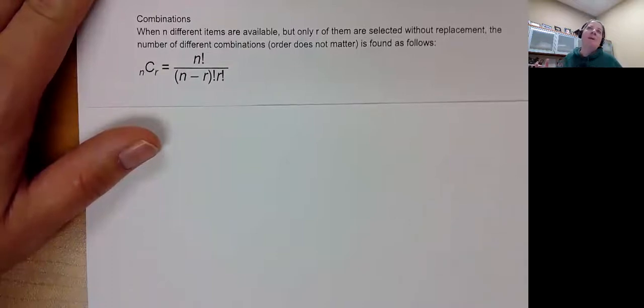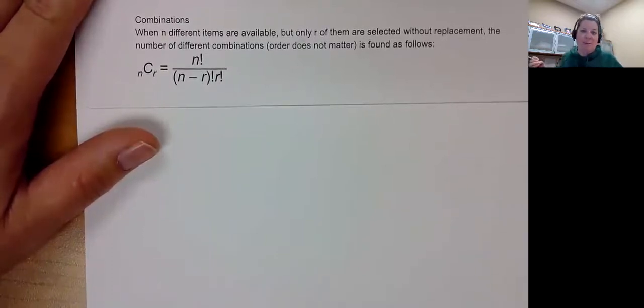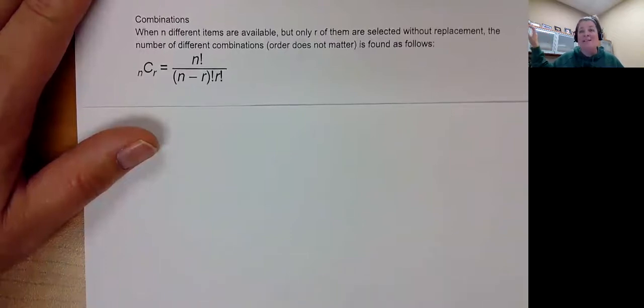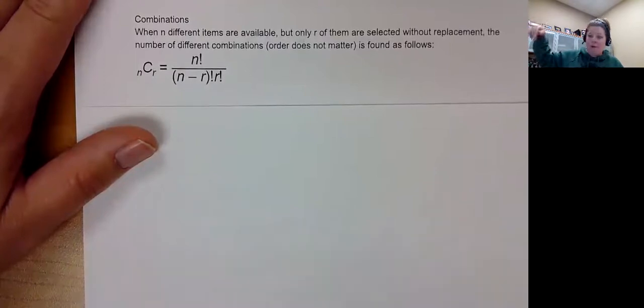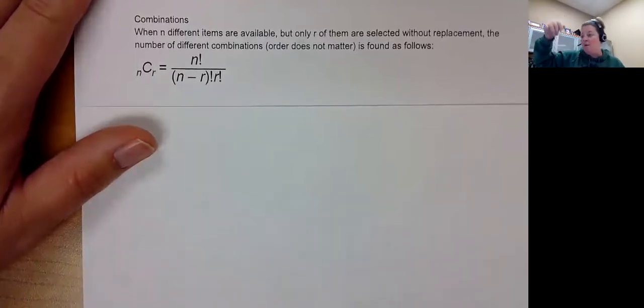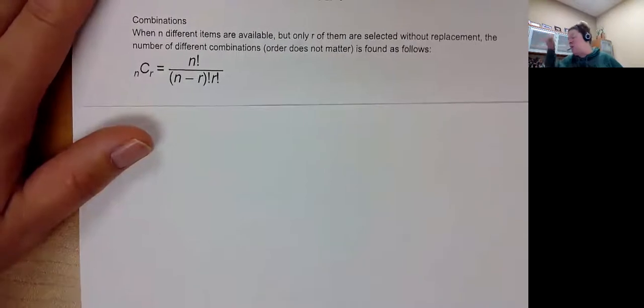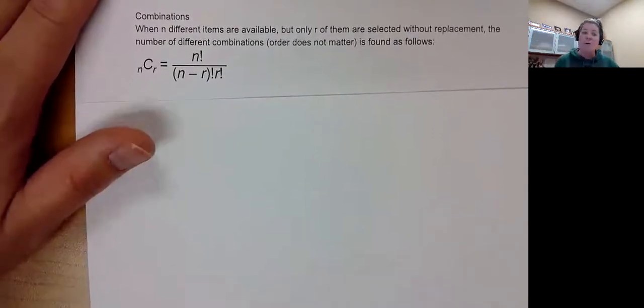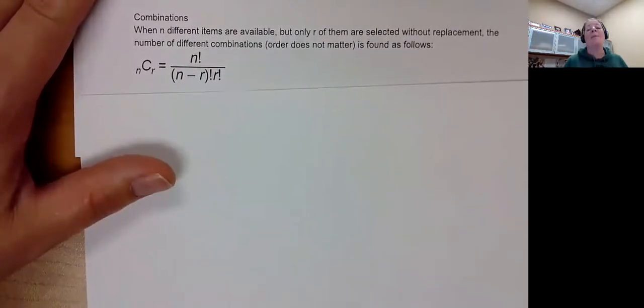So if I just want to pick the top 6 place people, I don't care what order they came in. It's easier to pick, and it's a lot fewer combinations than if Joe was first and then Mary and then Bob, and then you could have had Mary, Bob, Joe, you could have switched those all up. So with order mattering, there are a lot more ways than a combination.